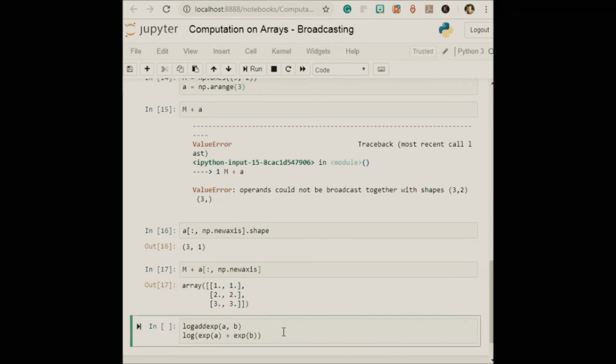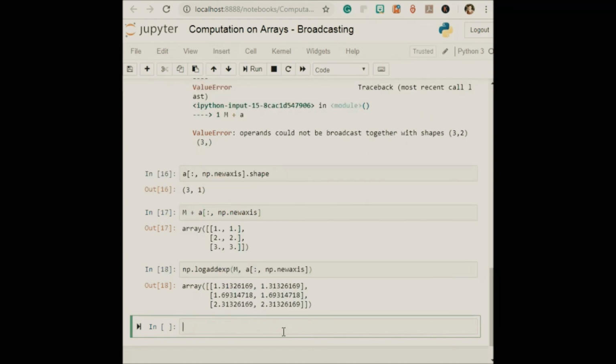The naive approach is this: np.log, and np.newaxis, that results in this. So for more information on the available universal functions, we can look at the universal functions we discussed before.